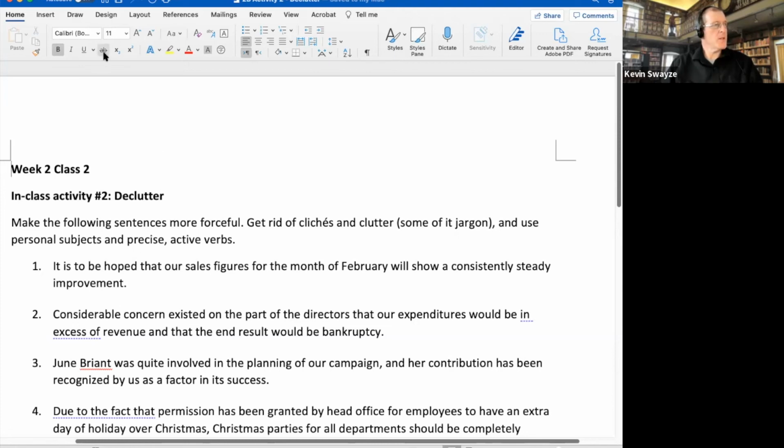So what I would do is this. The very first one, I'll use an example. Sales figures for the month of February. Whoa, what's this? Consistently steady? Whoa. Here's something else. It is to be hoped. Whoa, that's a bit clunky.